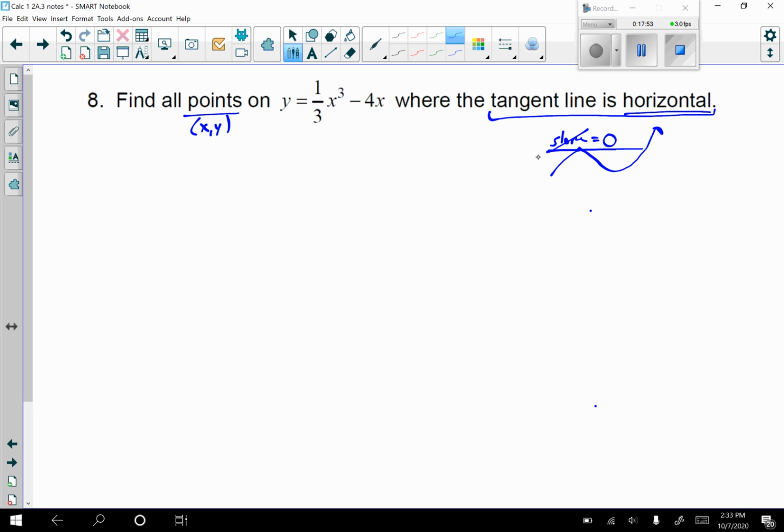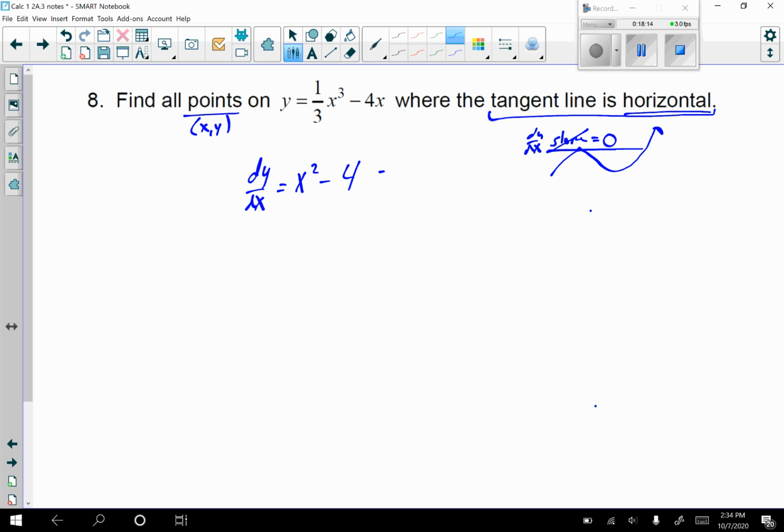And the slope is our derivative. So we're going to set the derivative equal to 0 and find where that is. So the tangent line is horizontal where the slope, or dy/dx, equals 0. So we need to find dy/dx. This one, multiply the 3, you get 1x squared minus just a 4.